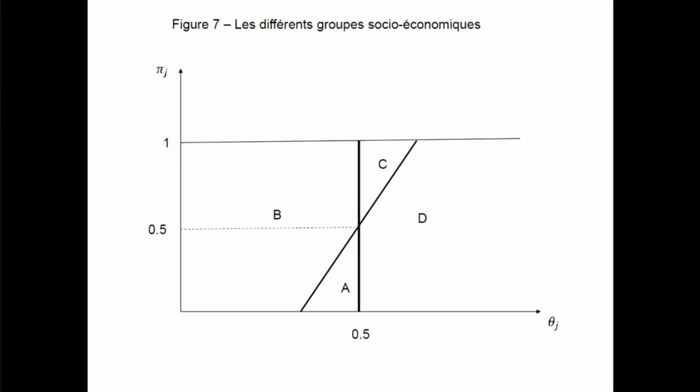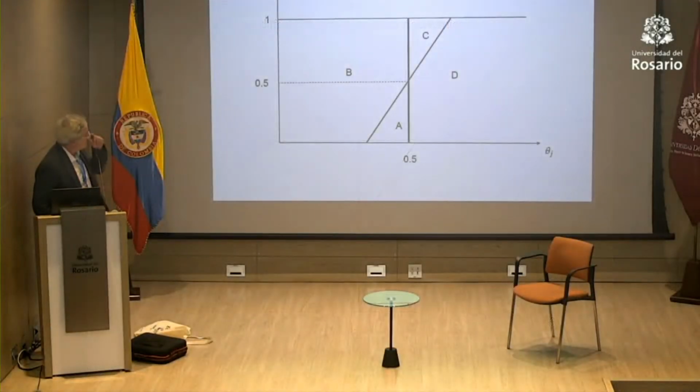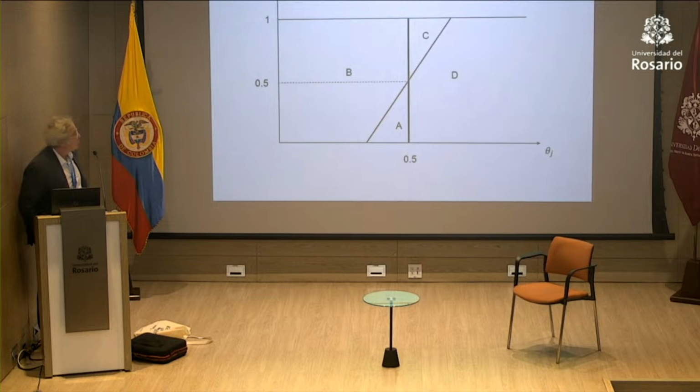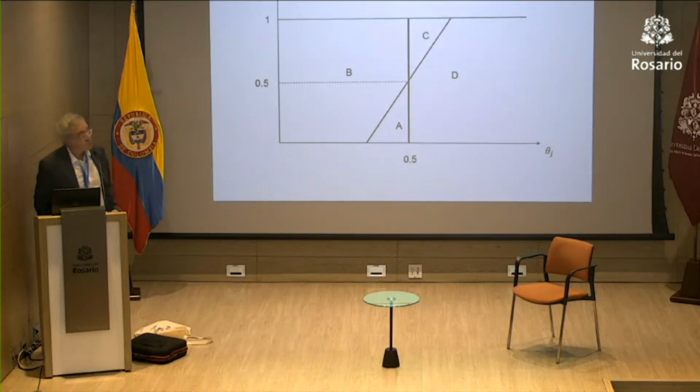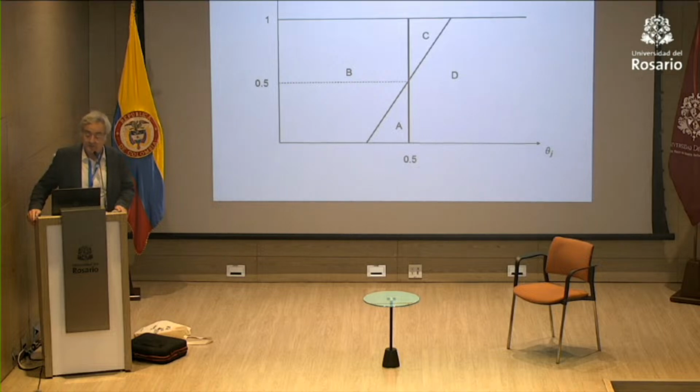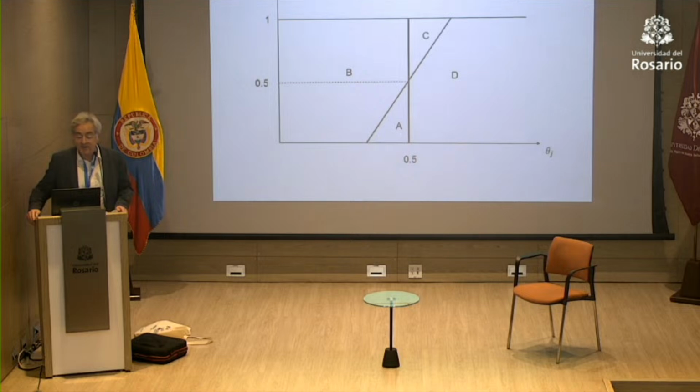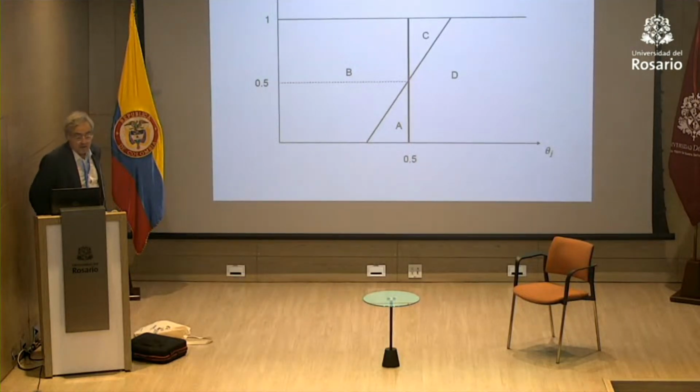And then we have 4 groups, A, B, C, and D. Basically, D are people who will always support flexibility no matter what, and B are people who will always support rigidity no matter what. Then C, who are these guys?